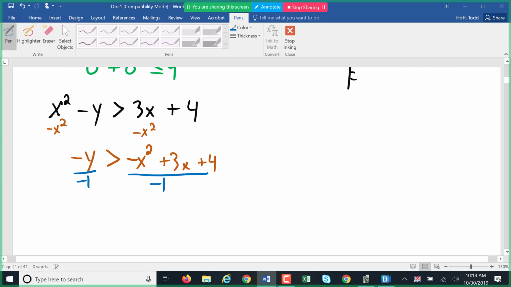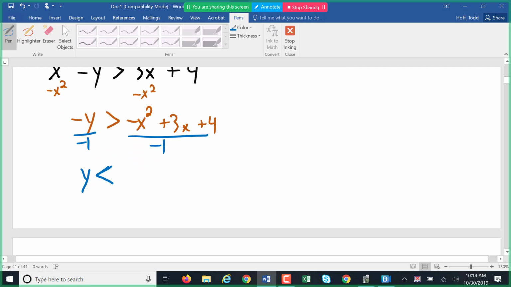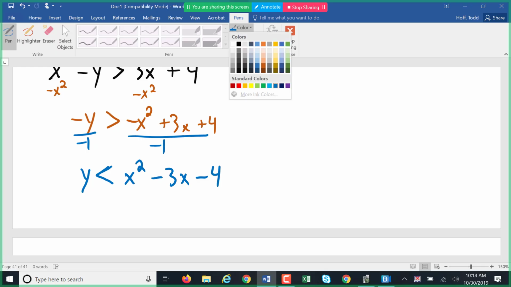Now if I multiply or divide by a negative, I have to remember to flip the inequality sign. So negative y divided by negative 1 is just y. The inequality sign flips. Instead of greater than, it's now less than. Negative x squared divided by negative 1 is now a positive x squared. 3x divided by negative 1 is now a negative 3x. And 4 divided by negative 1 is now a negative 4.